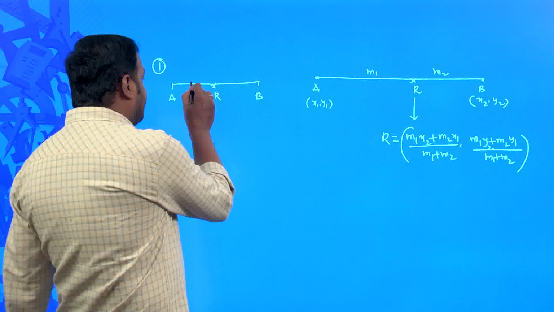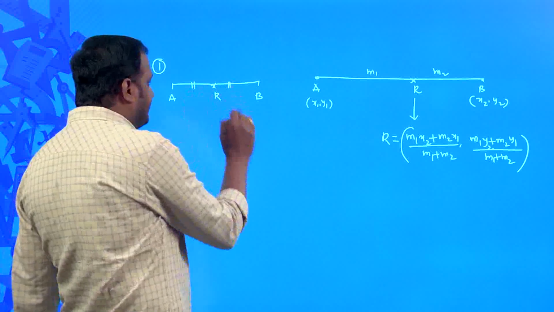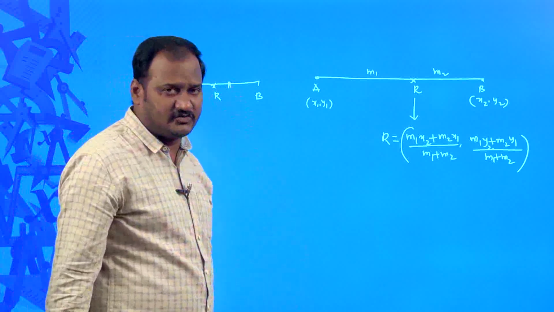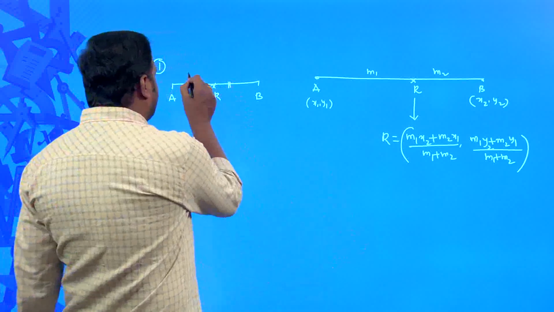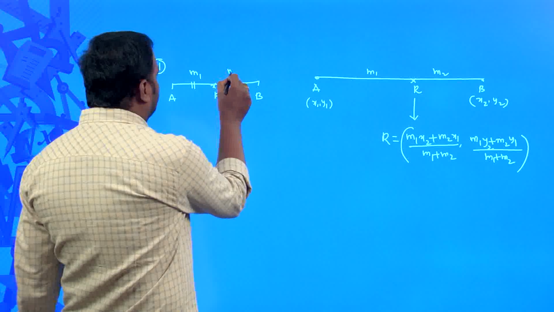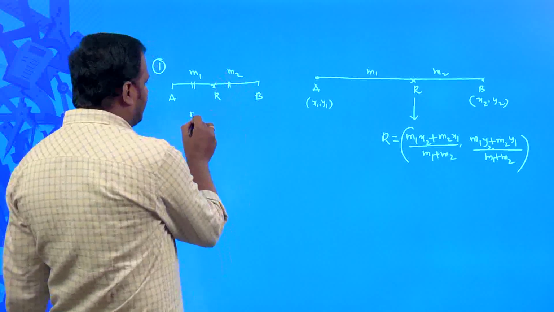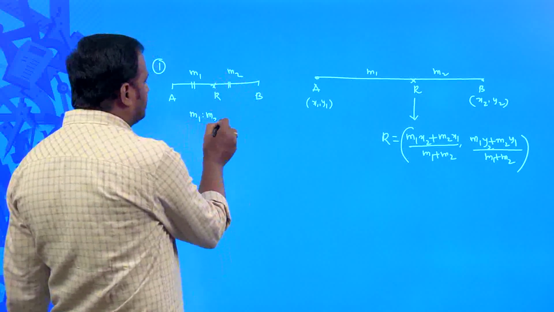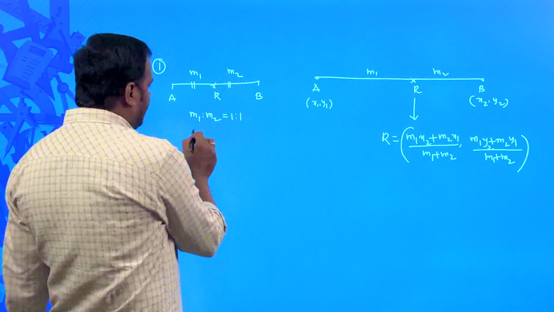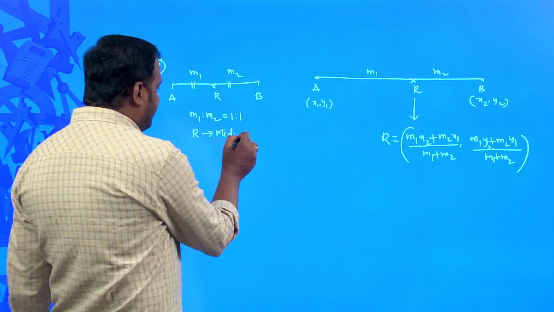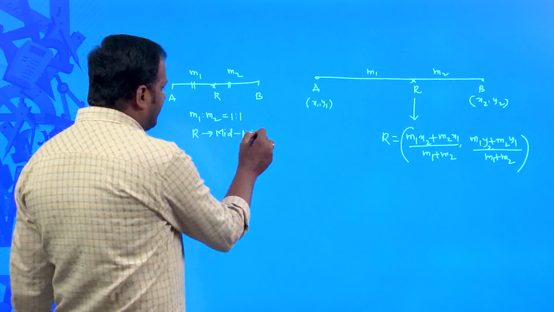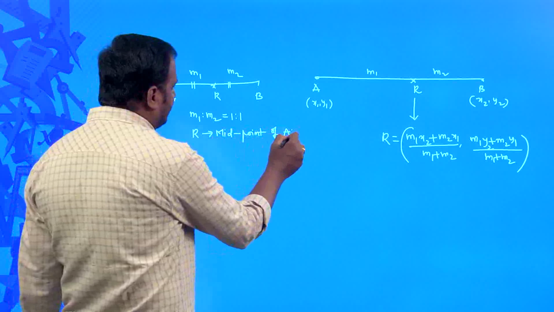Being exactly in the middle, it means AR is to RB is equal to 1:1. So, the ratio is going to be 1:1. It means M1 is to M2 is equal to 1:1. So, if M1 is to M2 is equal to 1:1, then the point R is said to be the midpoint of the line segment AB.